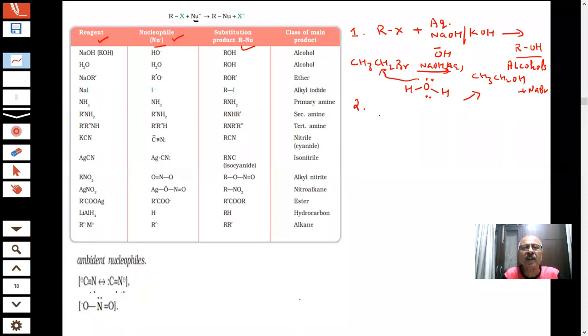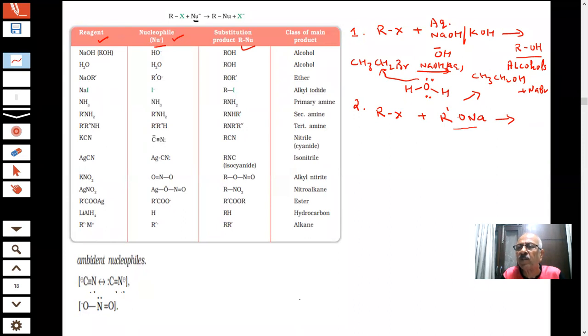The more important reaction is coming now. Say you have got alkyl halide, you react this with R' ONa. Now this is a very, very important reaction in organic chemistry. Can you tell me what is R' ONa?